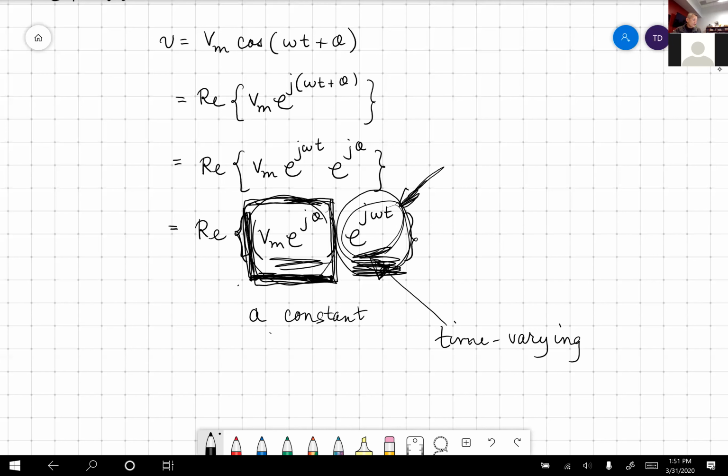We will just use V sub m, the magnitude, and theta as the phase shift of the cosine, and that's all we need to do. We don't need to carry the cosine around with us. We don't need to carry the omega around with us. We don't need to carry the t around with us. We'll just pop them back in at the end after we solve the problem. Now, solving the problem will require us to work with the complex number V sub m at an angle of theta.